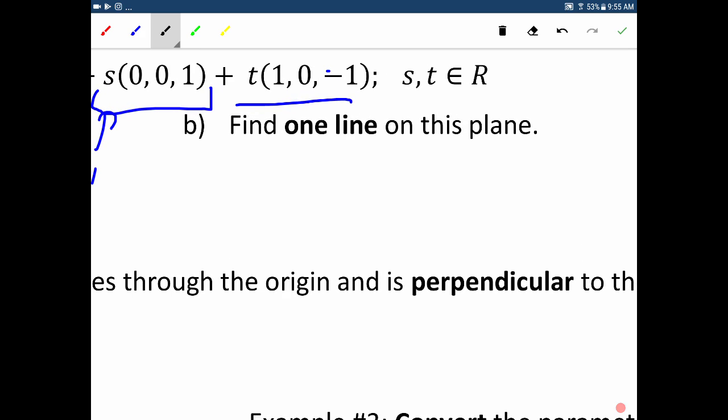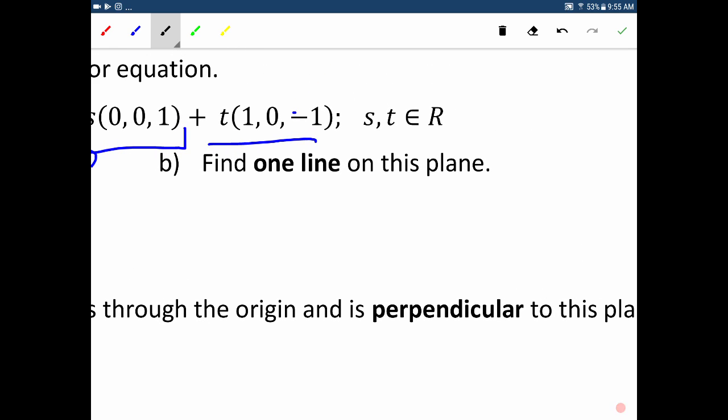So the final line on this plane is actually even easier. Well, I think it's actually easier. Maybe you disagree. I'm just going to say, let's take that starting value.